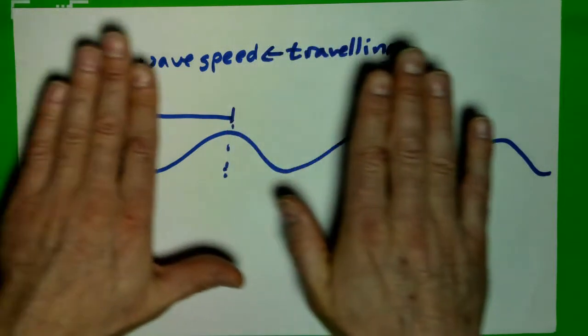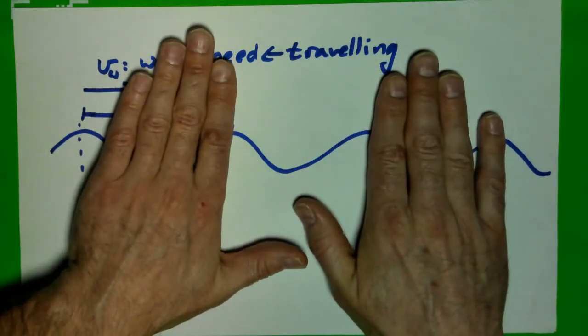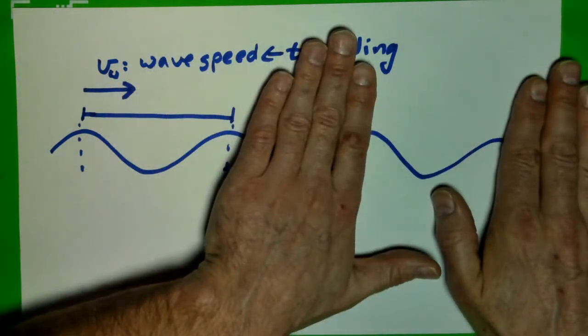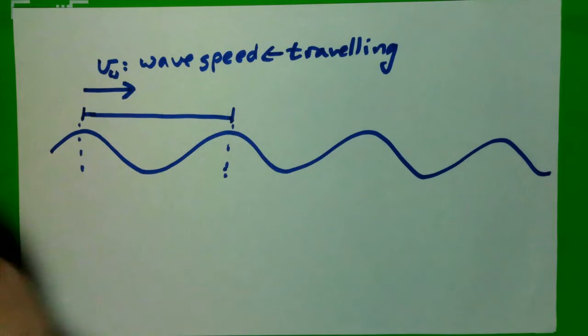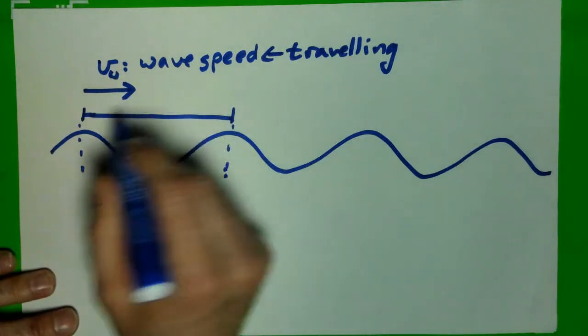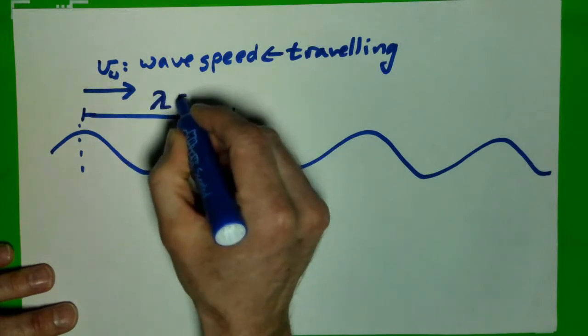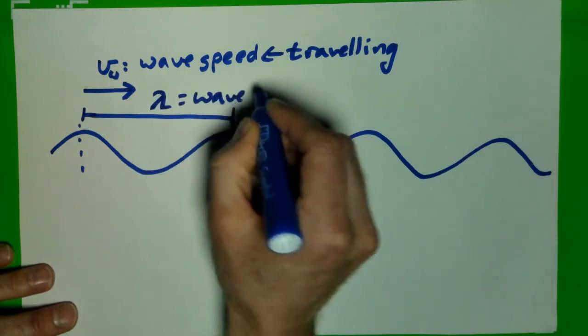And if I take that and I move it over, I see that same shape. Move it over, I see that same shape again. That is called our cycle, or the distance from peak to peak we call the wavelength. Lambda equals wavelength.